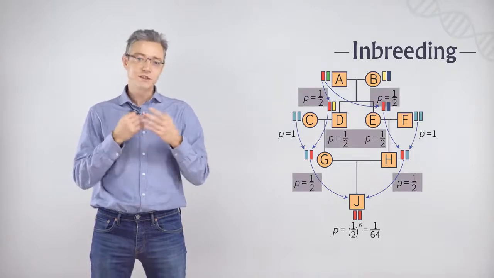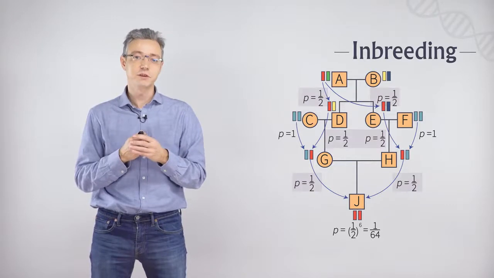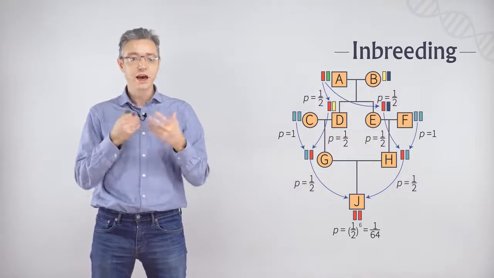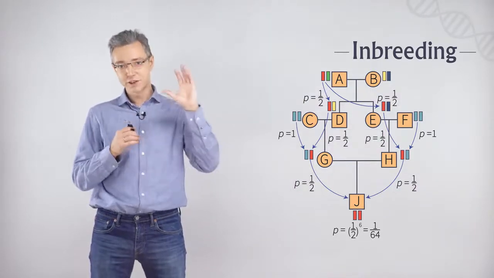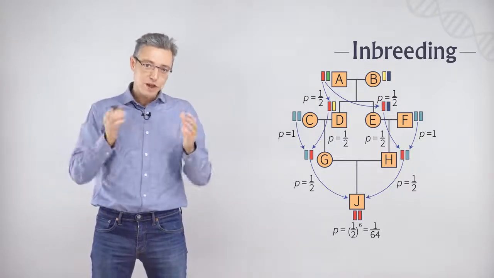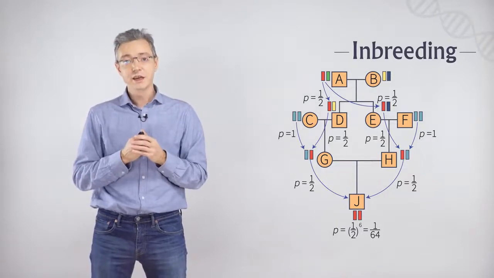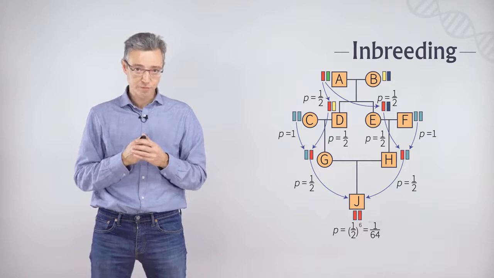The same chance, 50%, applies to transmission to individual E, and so on and so forth. So for this red allele, the chance that it comes into homozygous by descent form in individual Jai is 1/64.